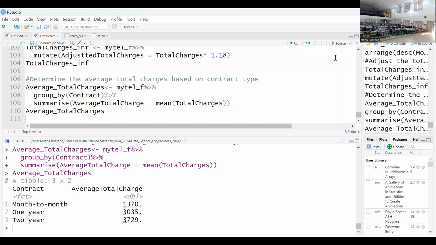So now we want to just get a summary like this. Now we want to summarize according to gender and then payment method. We want to summarize, group by gender and then payment method.